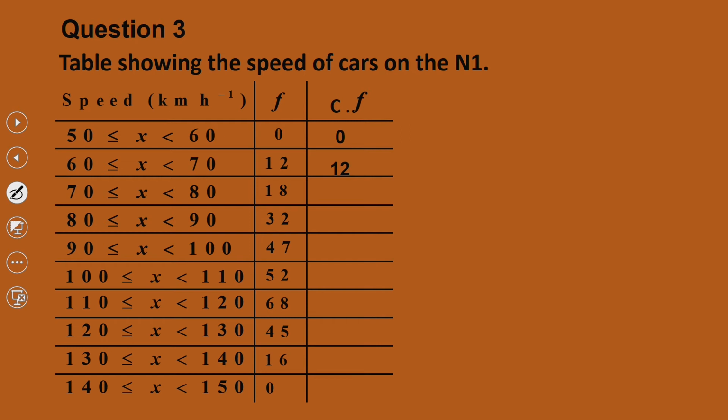Yes, we have been given the same table as in the previous question, but the starting point is now from 50 up to 60, which is 0, and the ending point is from 140 up to 150, which is also 0. And then the frequency table is given.